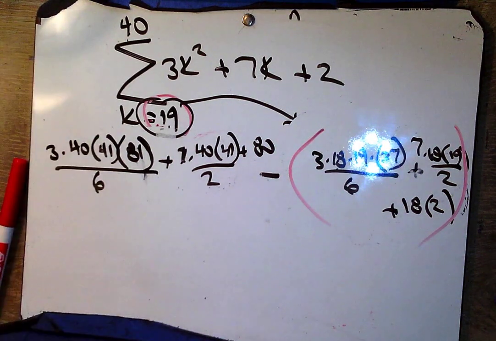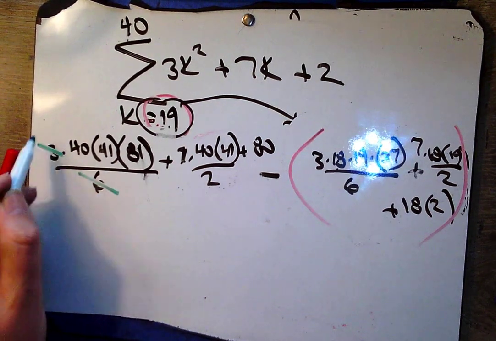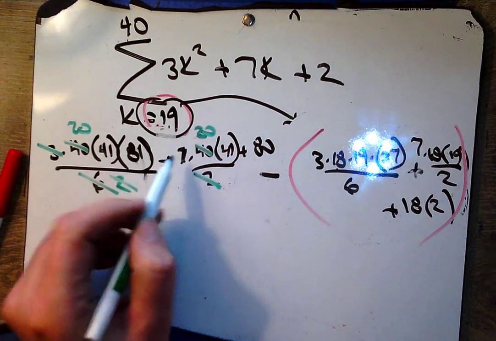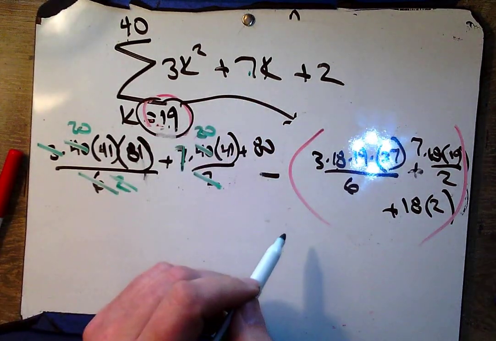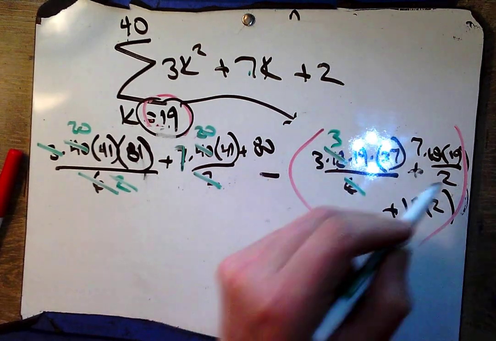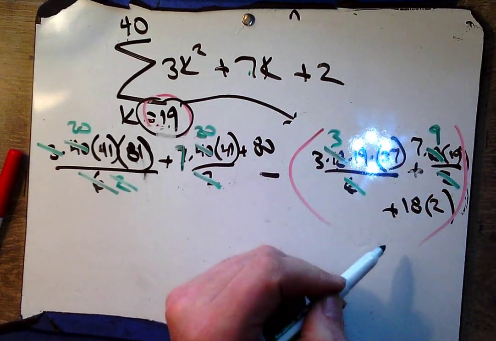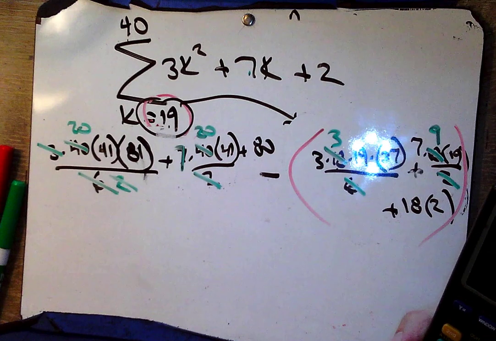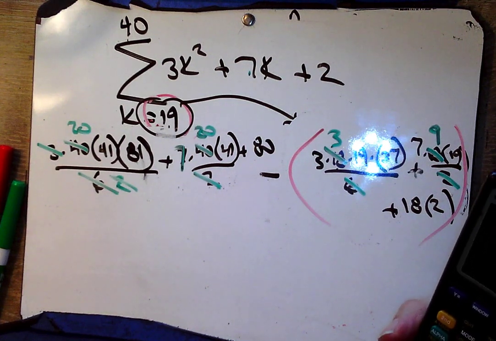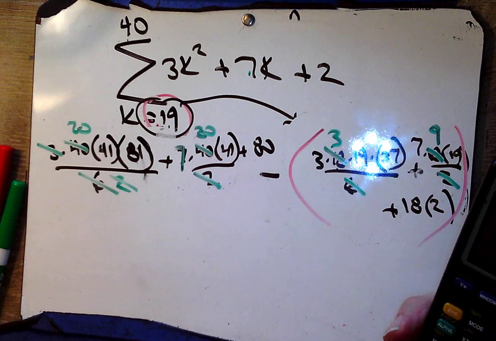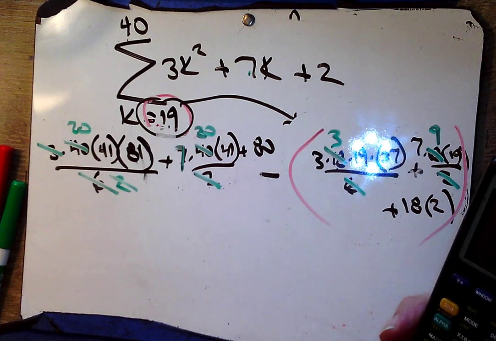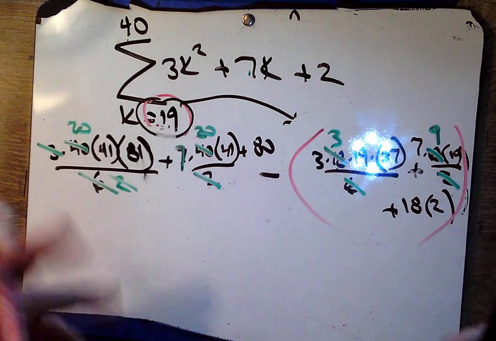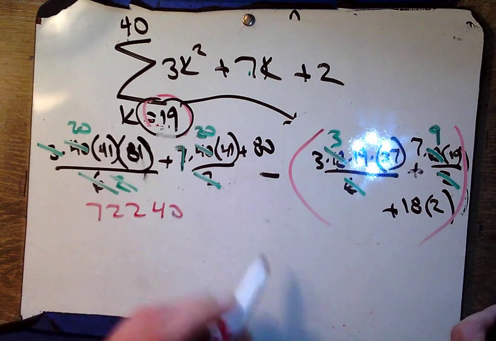All right, so why don't you type into your calculator. I'll type in my calculator, and we'll see what we get. I'm actually going to simplify a little first, not necessarily for any good reason. That's the number 7. Good. And over here, and here. Okay, so this is 72,240.